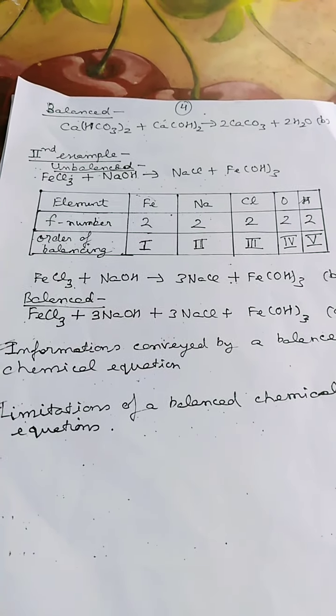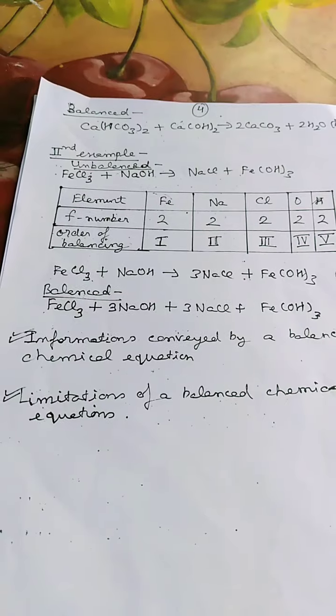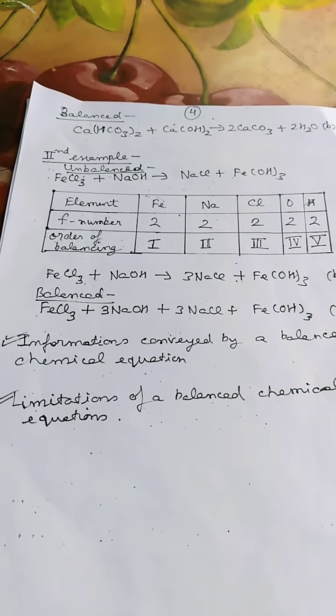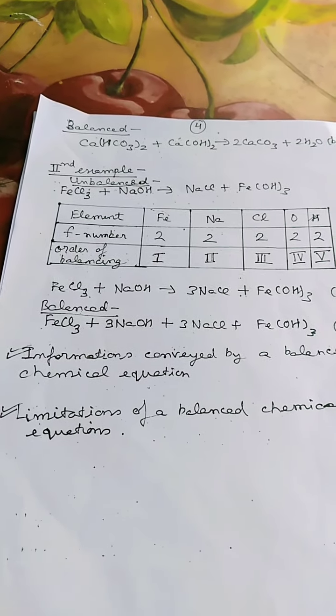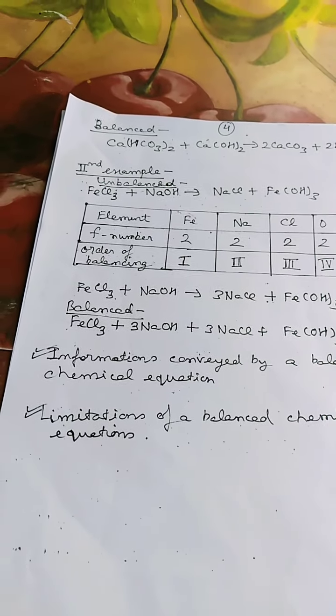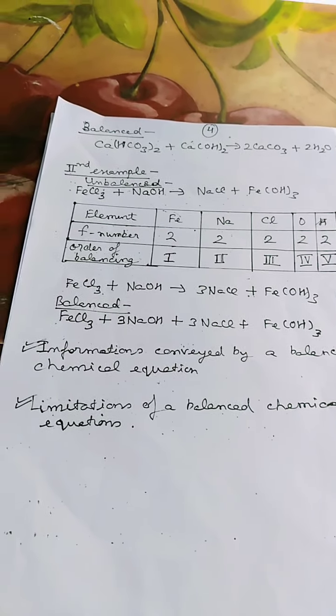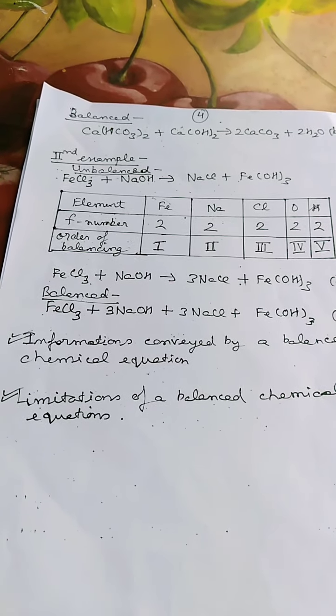The number of oxygen atoms on the left hand side equals 6 atoms from Ca(HCO3)2 carrying 6 atoms of oxygen and 2 atoms in case of calcium hydroxide Ca(OH)2.